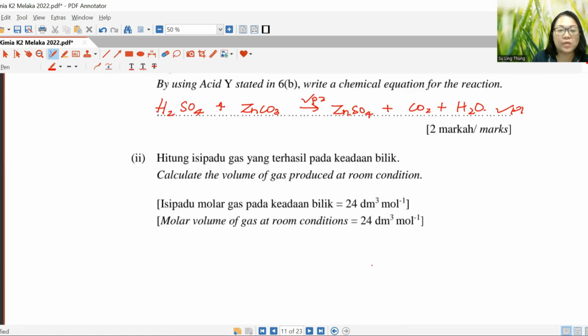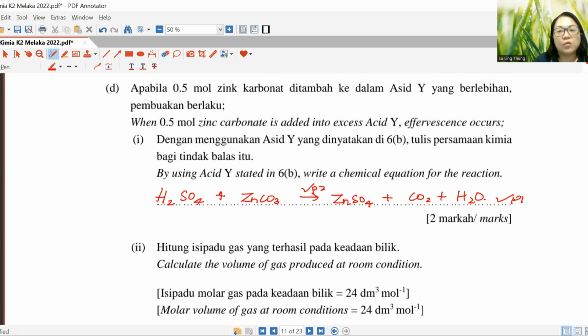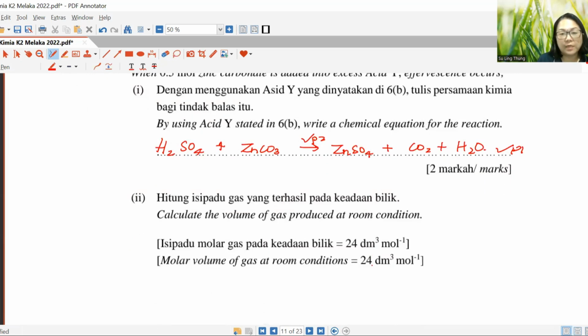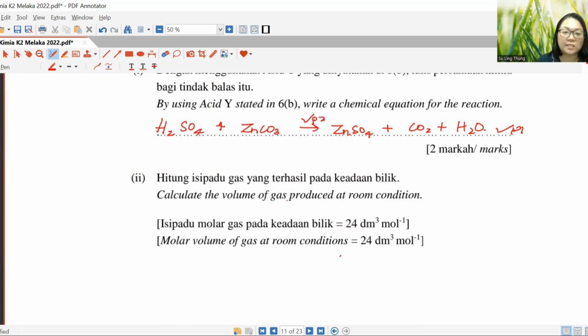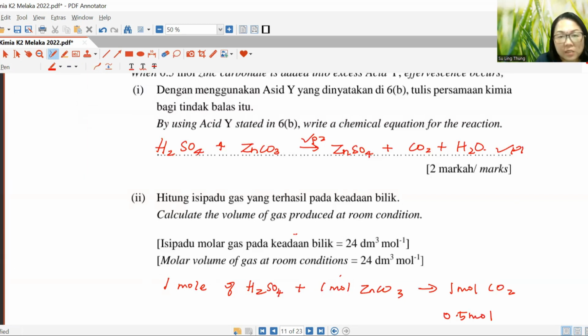Now, let's look at how we calculate the volume of gas produced at room condition. So in this case, you are given 0.5 mole of zinc carbonate. Okay, so first thing first, you need to mention this step, which most students always forget. You have to say 1 mole of H2SO4 reacts with 1 mole of zinc carbonate to form 1 mole of CO2. So if this is 0.5 mole of, actually which one?